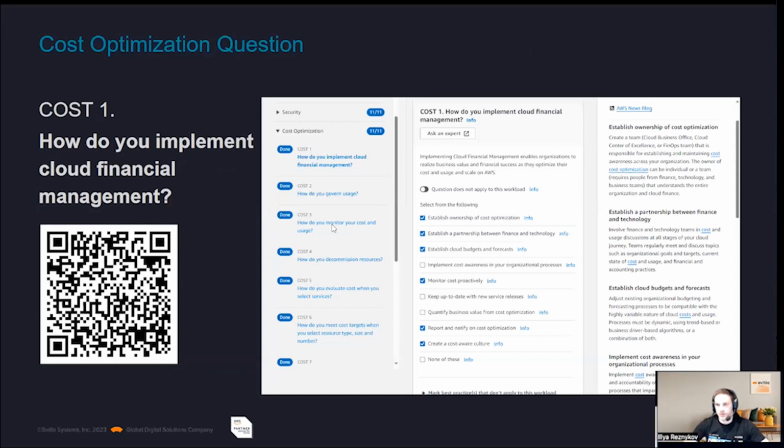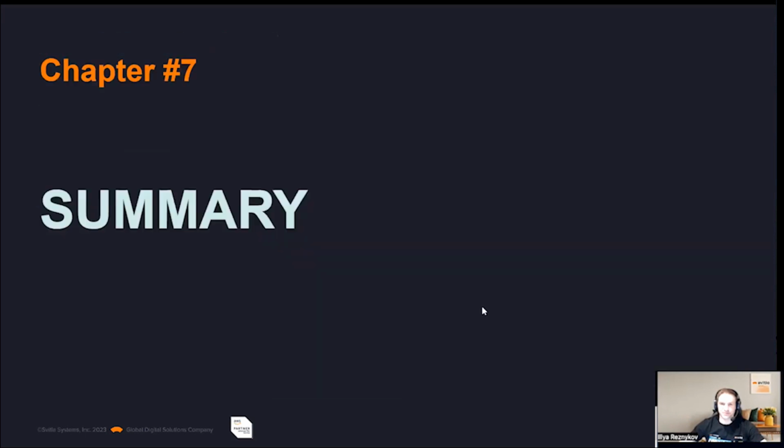As for previous questions, it's a screenshot from the AWS Well-Architected Tool. Question: how do you implement cloud financial management? It's the first question in the cost optimization pillar, and you see some of the best practices which we discussed in the previous poll.